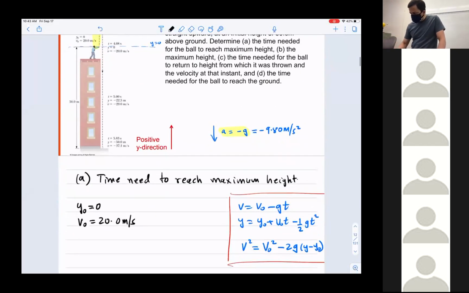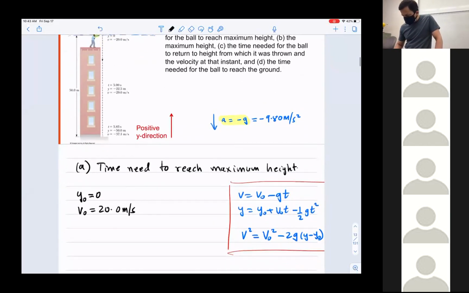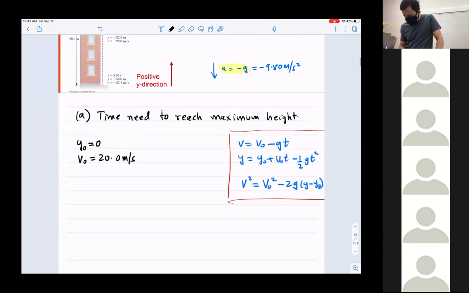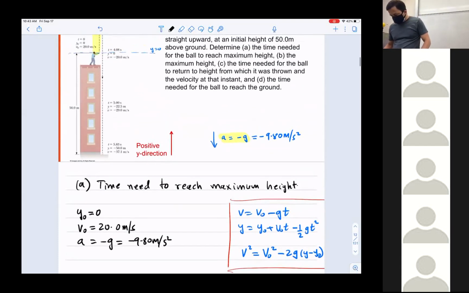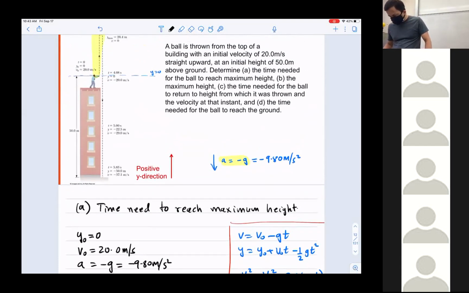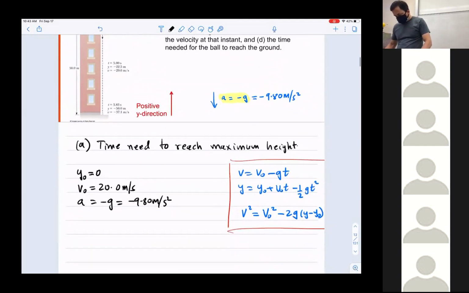We know that the acceleration is equal to minus g, which is minus 9.80 meters per second squared. And what else are we told? I think that's about it. And then the question is, what is the time needed for it to reach this maximum height?